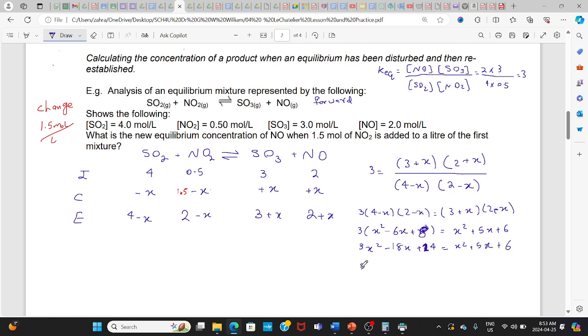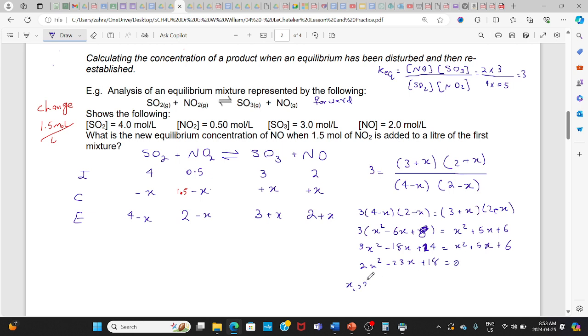So that's going to be 2x squared minus 23x plus 18.